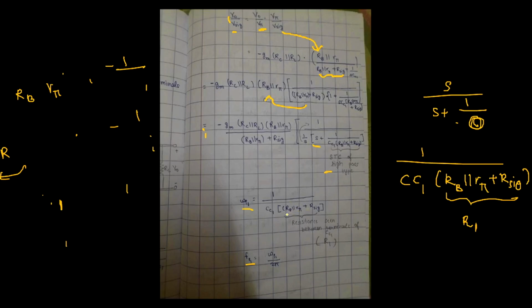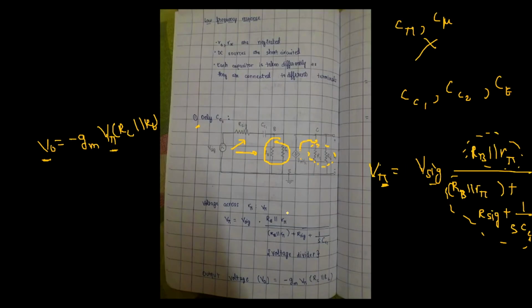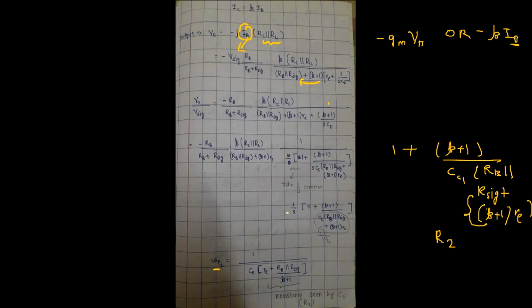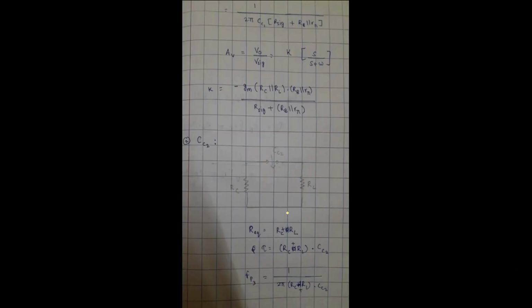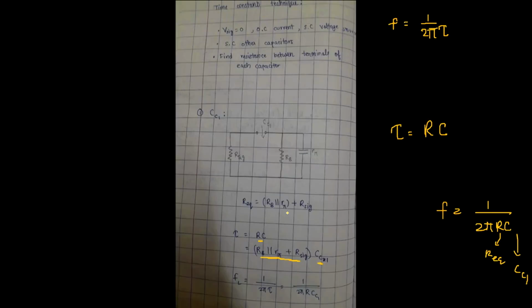Right. So this is the same expression as we got using the extremely lengthy method, but we got it here in just a single step. So this technique helps us find our lower frequencies in just 2 to 3 steps.